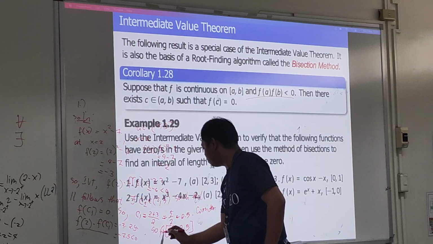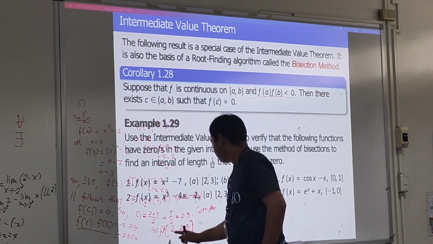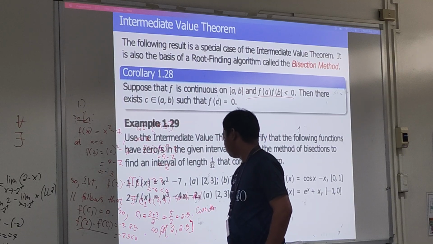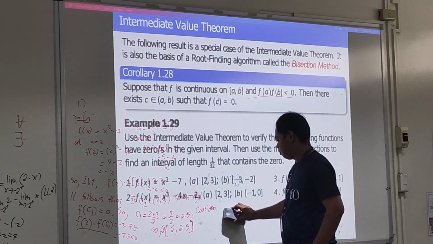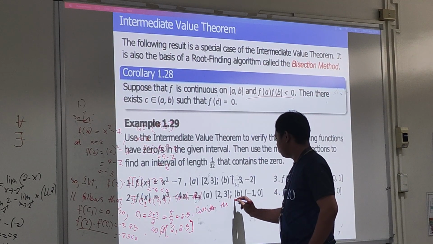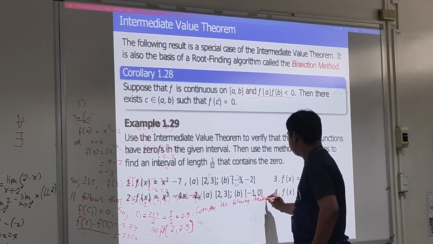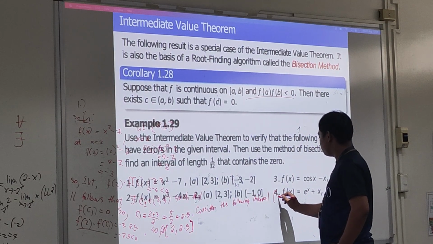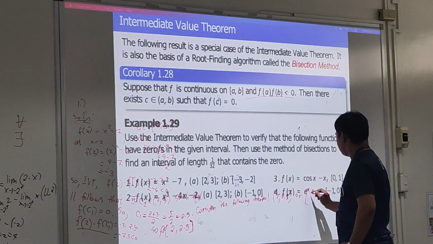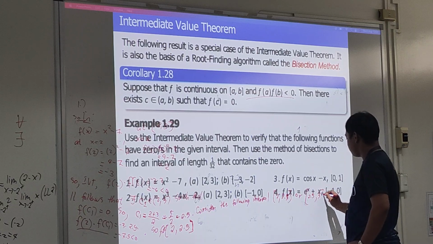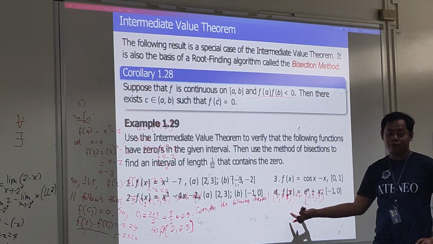So there exists C2 in 2.5. So you have 2 and 2.5, or 2.5 and 3.